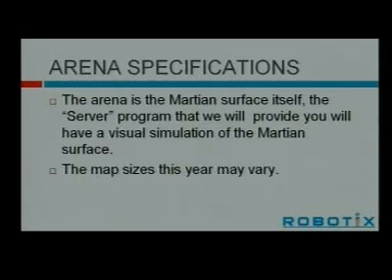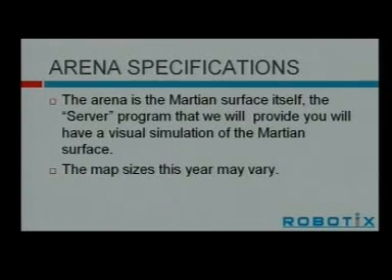So how do these robots come and uncover the Martian surface? Well, the Martian surface itself is a server program, a GUI based server that provides you a graphical representation or visual simulation of what the Martian terrain is like. The map sizes this year may vary.